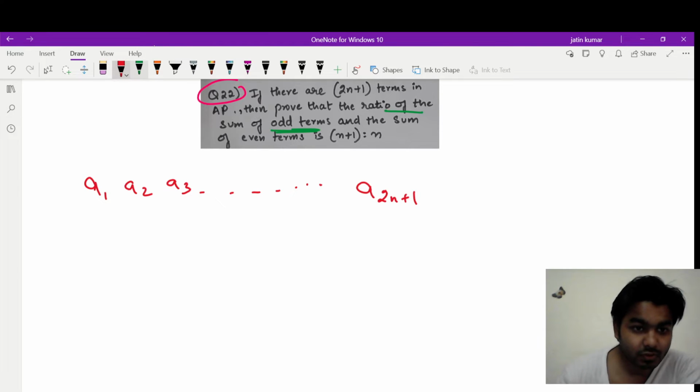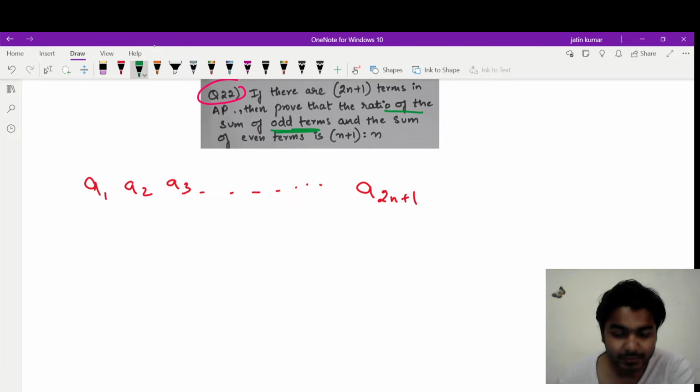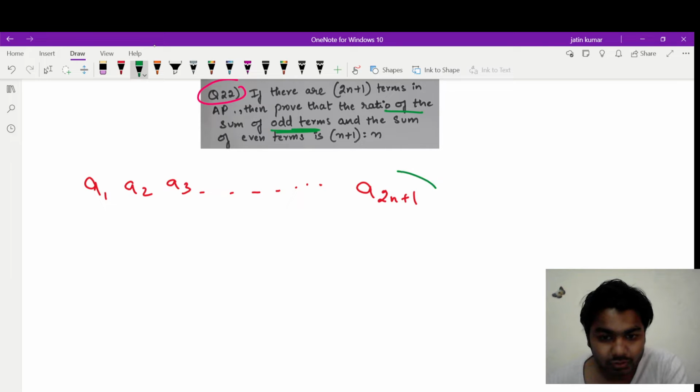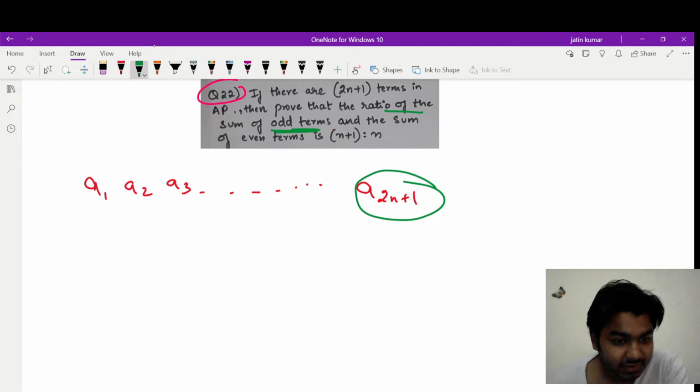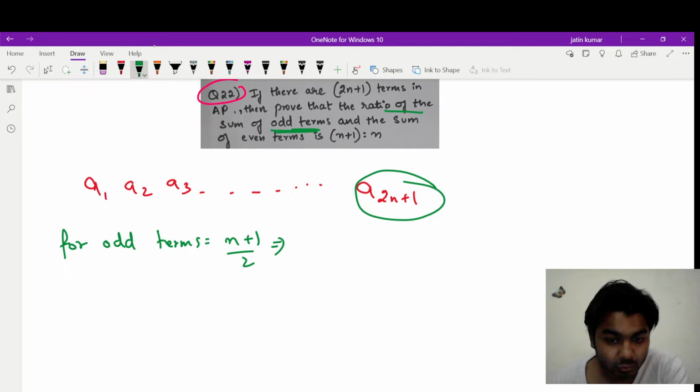Now I have just told you that if there are odd total numbers, then for odd places, odd terms, we have the formula n plus 1 upon 2. Now here n is 2n plus 1, so 2n plus 1 plus 1 upon 2, so the number of odd terms will be n plus 1.